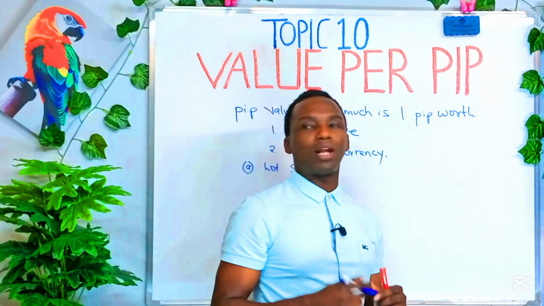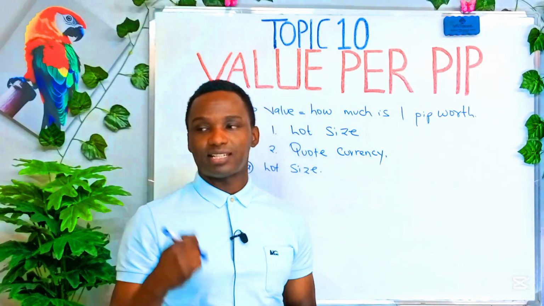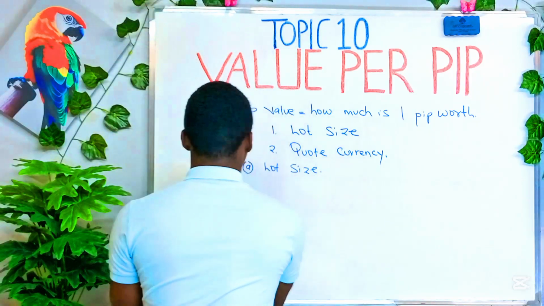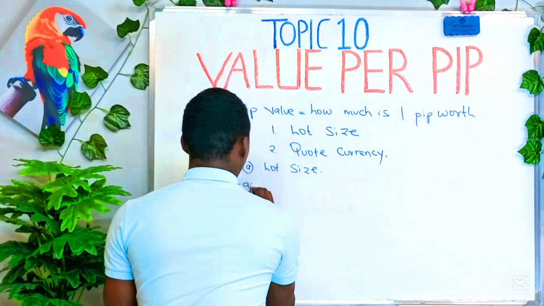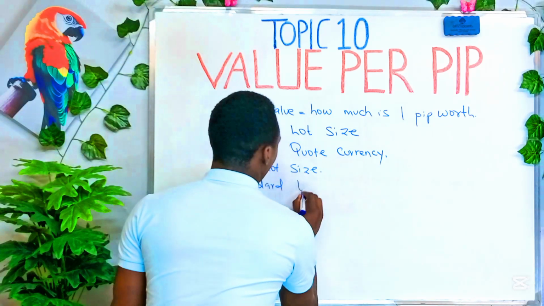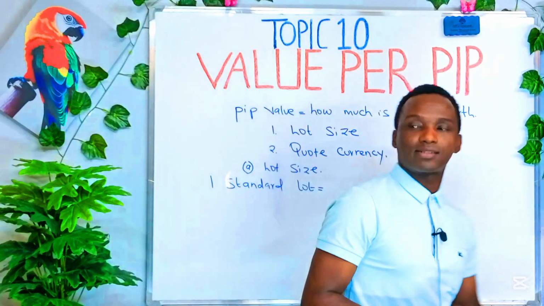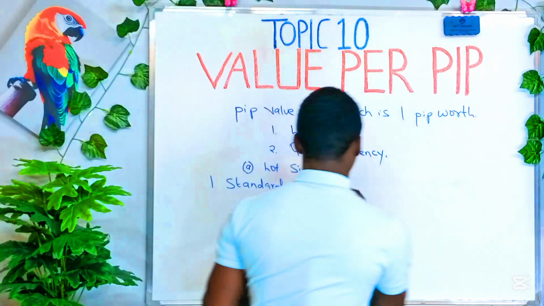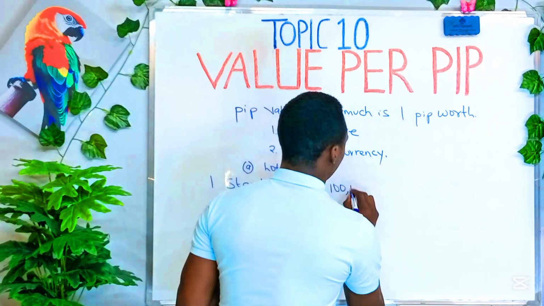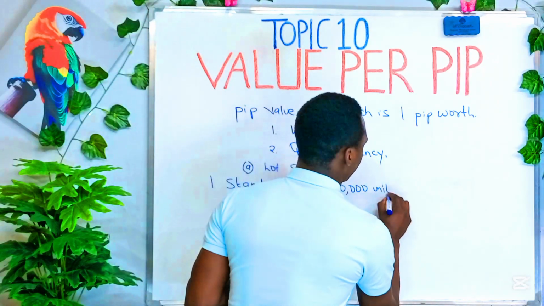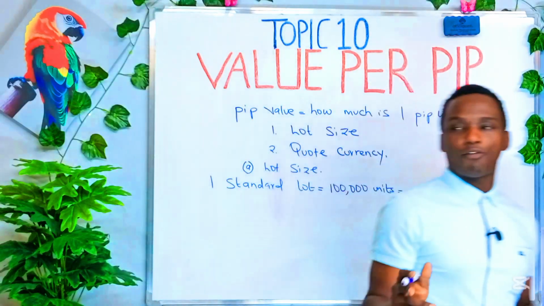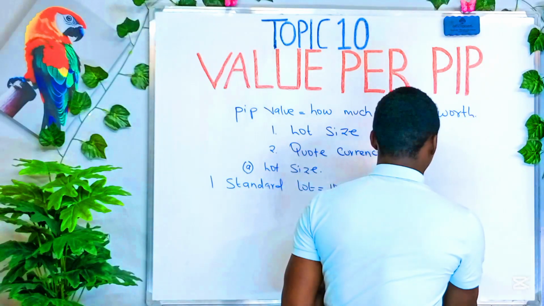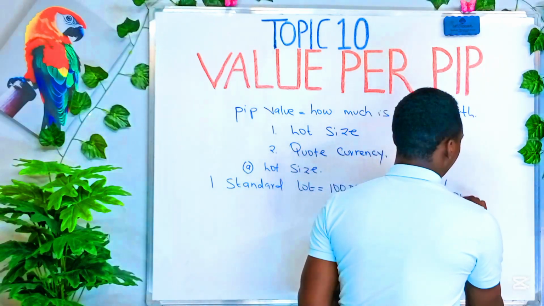Remember when we were learning how to calculate position sizing and lot sizes, what did we say? We said that one standard lot equals how many units? 100,000 units. In terms of value per pip, it was $10 per pip.